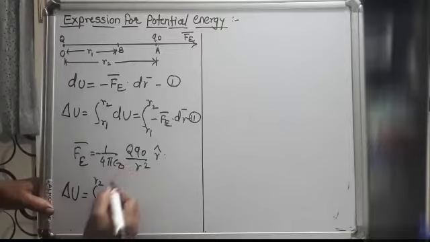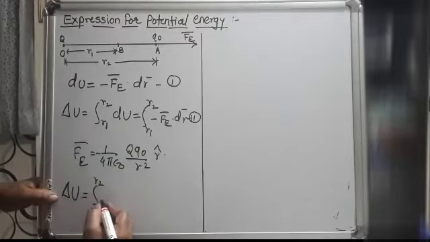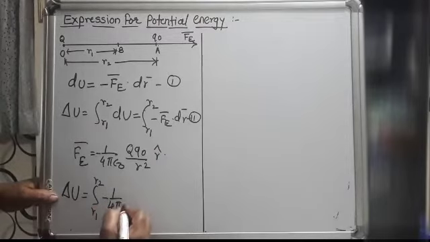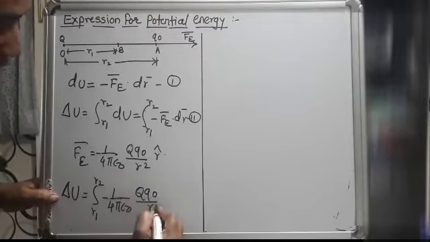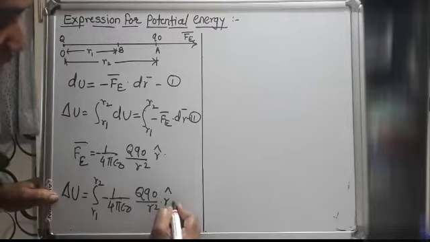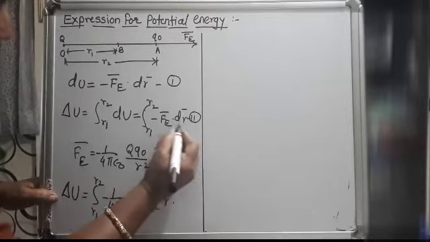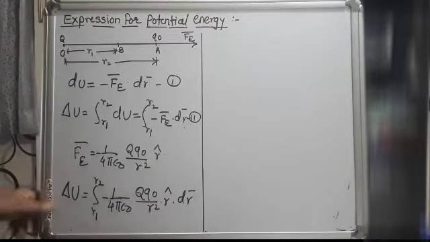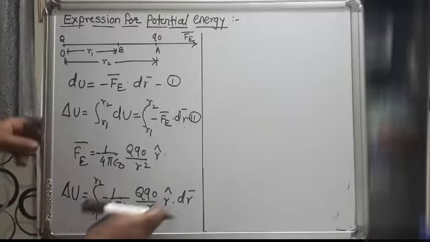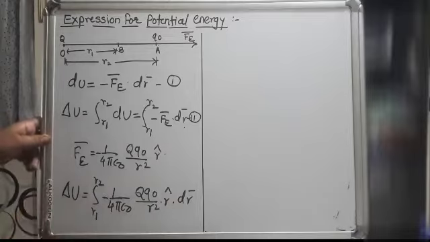Substituting the value of Fe in this equation, minus 1 upon 4 pi epsilon 0, q0 upon r square into r cap, then dr bar. We know that the displacement and force are in opposite directions, so the negative sign is there.